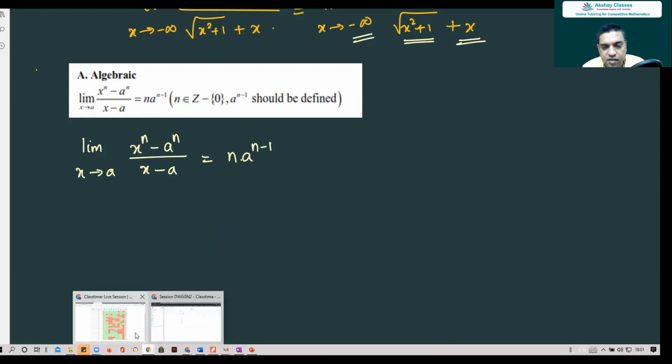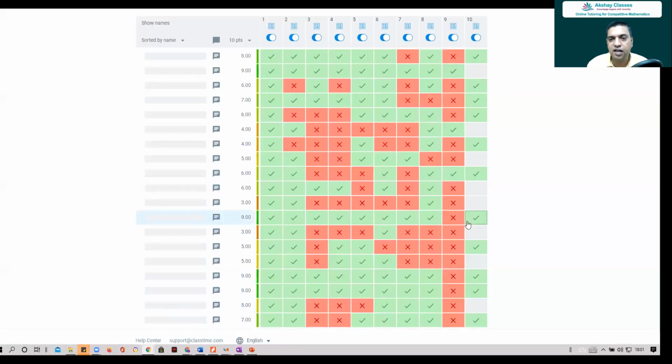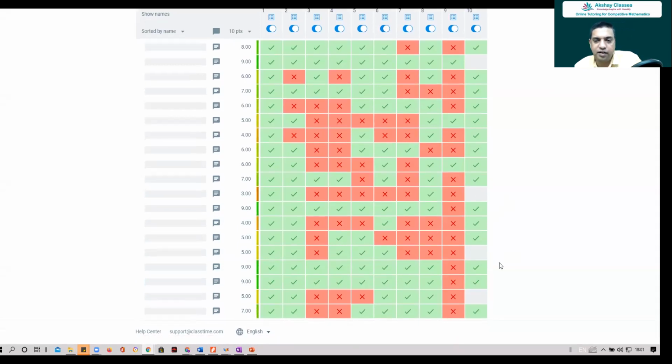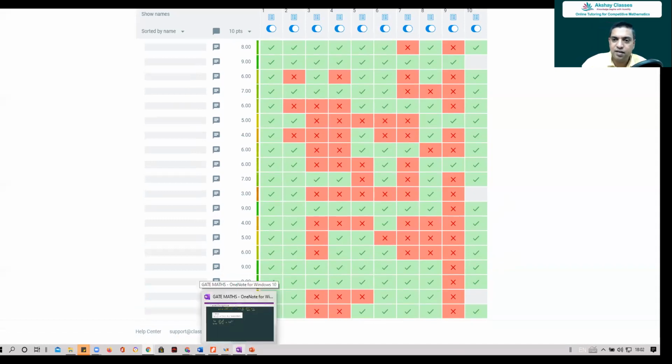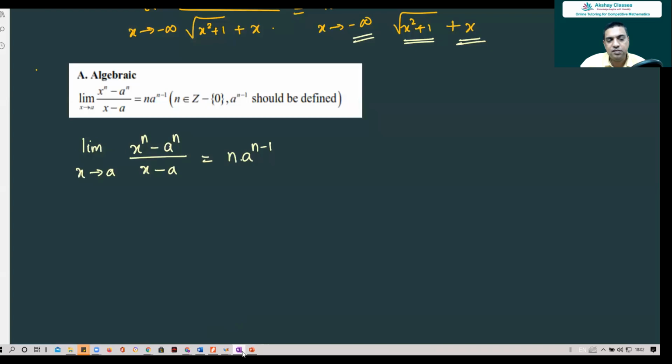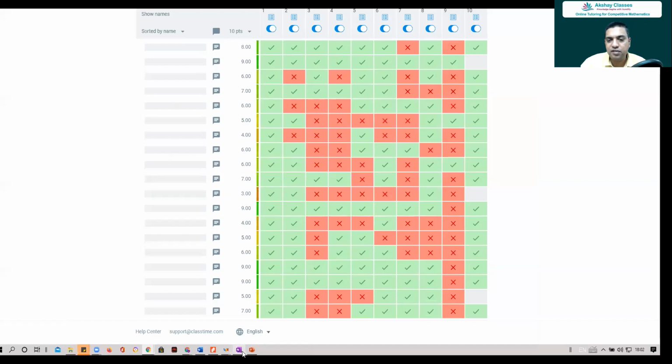Let's see the answers. Very good. That's direct formula substitution. Very good. One, two, three, four, five students solved. Give the answers quickly. n a to the power n minus 1. As x approaches a, n a to the power n minus 1.